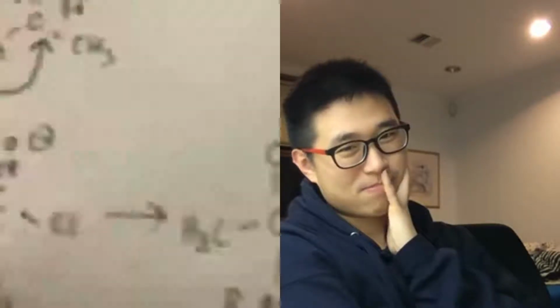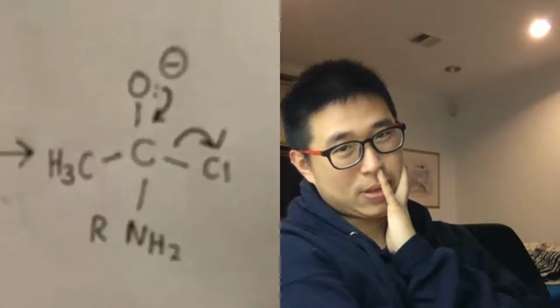And then the lone pair from the oxygen forms a double bond with the carbon, and then, which shows the mechanism, kicks out the Cl. Yep, that's fine. That's done. Cool. So that one is done. That one is all right.